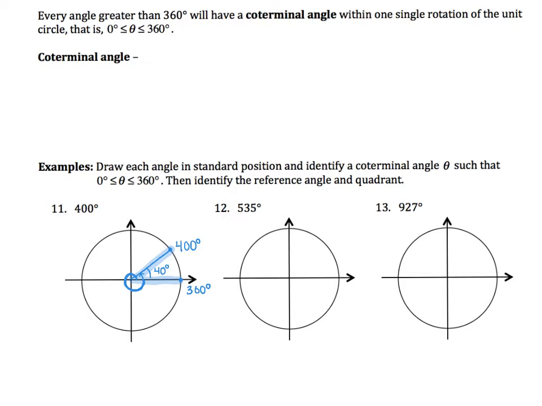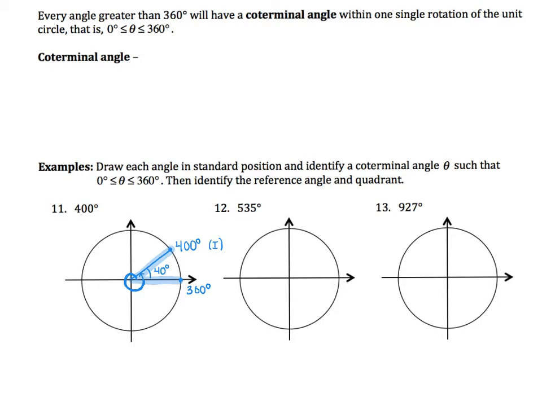We've also figured out what quadrant we've landed in. We have landed in quadrant 1. But then we have also identified a coterminal angle that's within one rotation of the unit circle.